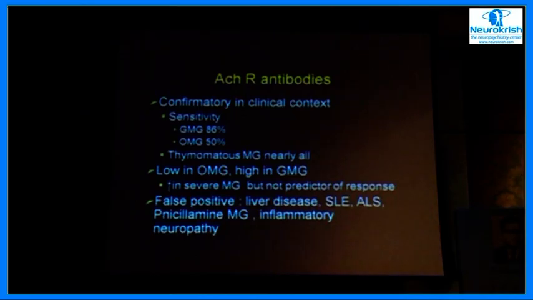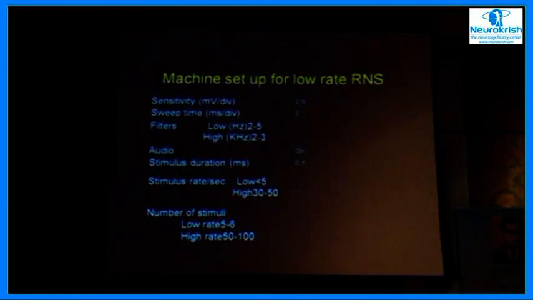The antibody titers are low in ocular myasthenia and high in generalized myasthenia, but the antibody titers do not determine the response, and they are not useful other than for prognostication. They are useful for the diagnosis. False positive antibodies can be found in liver disease, SLE, ALS, penicillamine myasthenia, and inflammatory neuropathy.